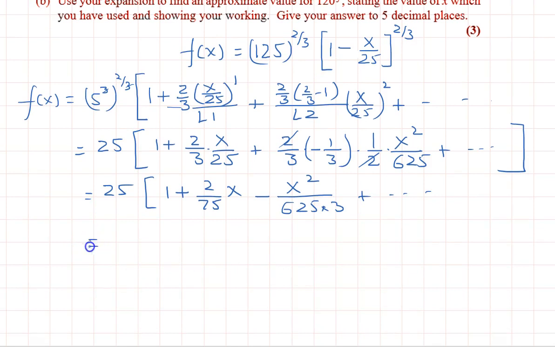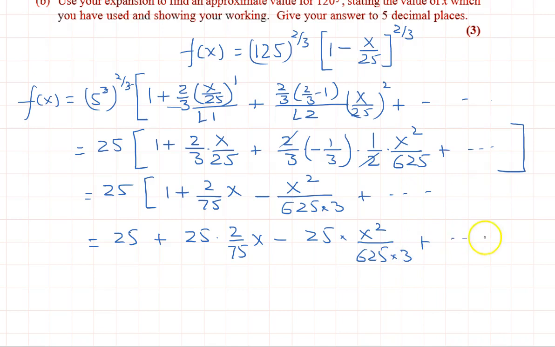Let's open the bracket. So this is 25 multiplied by 1 is 25, plus 25 multiplied by 2 over 75 x, minus 25 multiplied by x square over 625 multiplied by 3, plus, and so on.